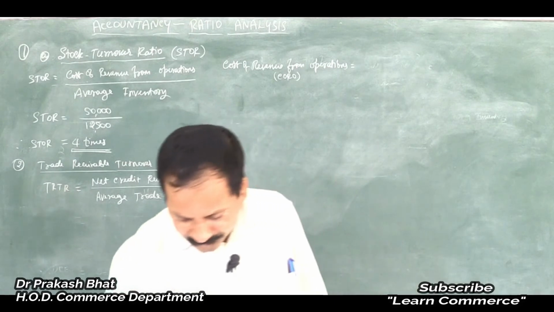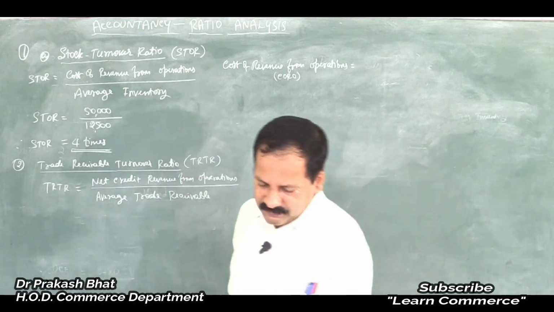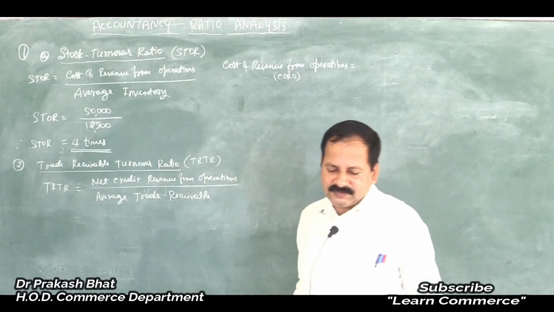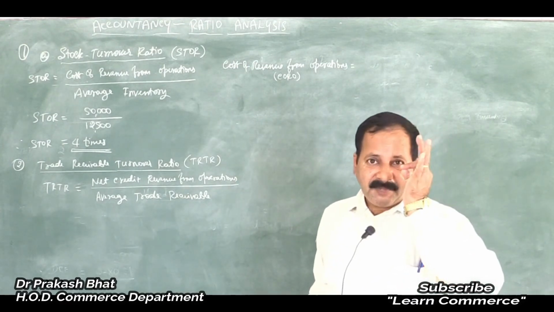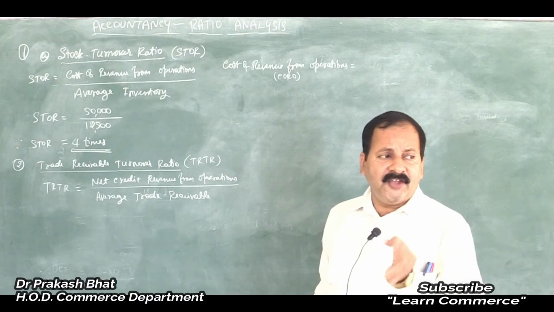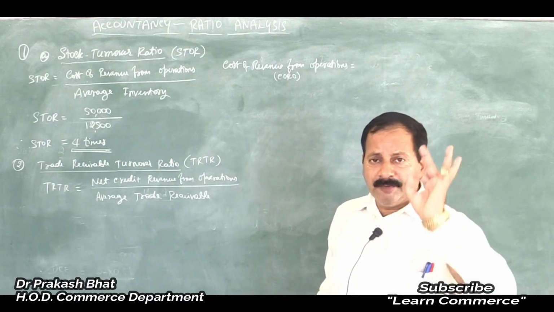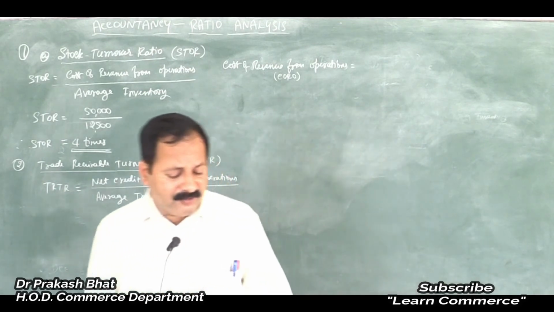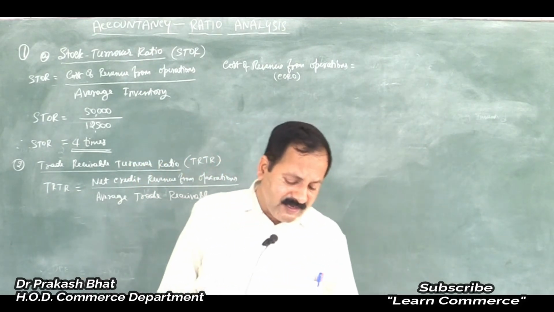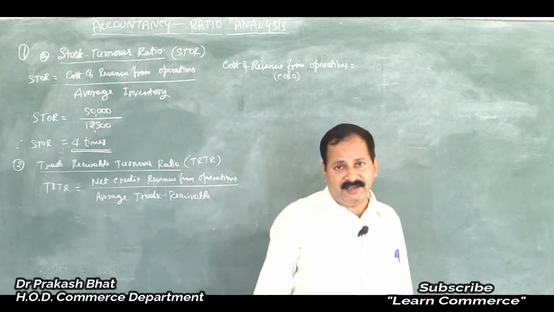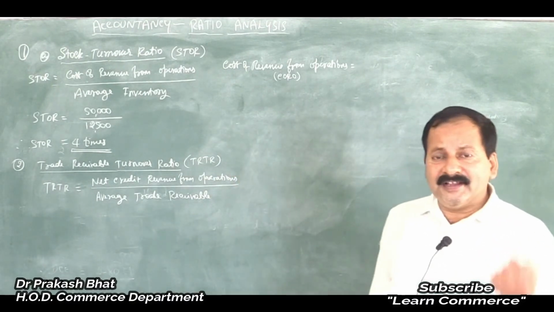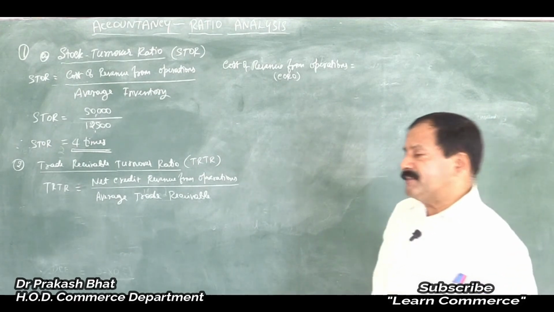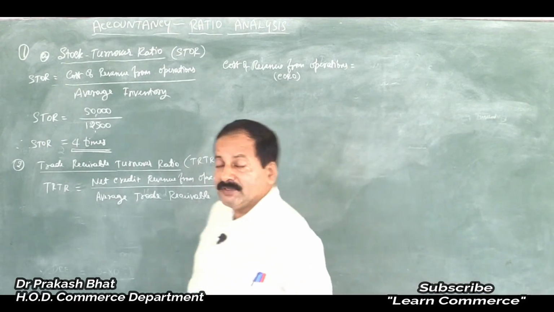Net credit revenue from operations. Yes, see, when nothing is mentioned regarding cash or credit, entire sales should be treated as credit sales only. Remember, in this problem nothing is mentioned regarding how much is cash sales and how much is credit sales. Correct? In that case, treat the entire sales as credit sales. Otherwise, they should mention in the problem 25% of the sales are cash sales.